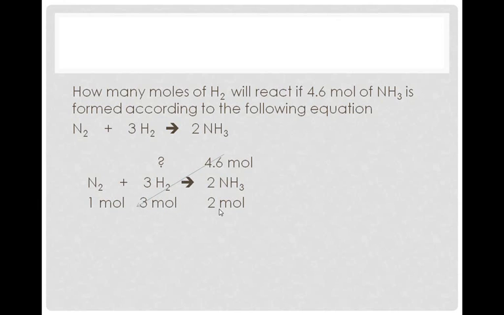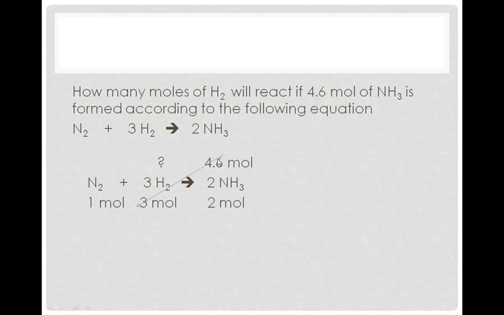I'm just doing this in terms of relationships, because if this is a 2 to 3 relationship, then this has to be a 2 to 3 relationship. If 2 to 3 is the stoichiometric relationship, then 4.6 to whatever this answer is must also be a 2 to 3 relationship.